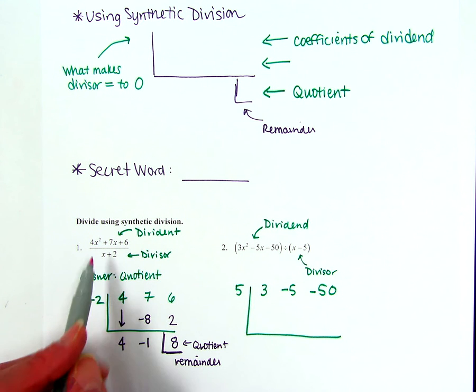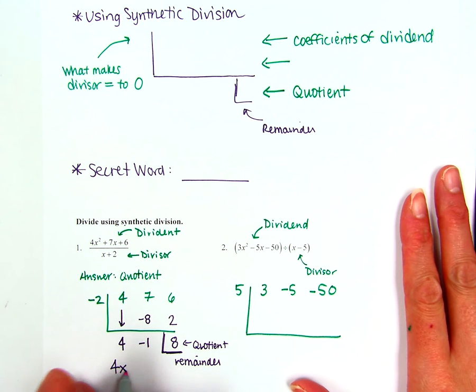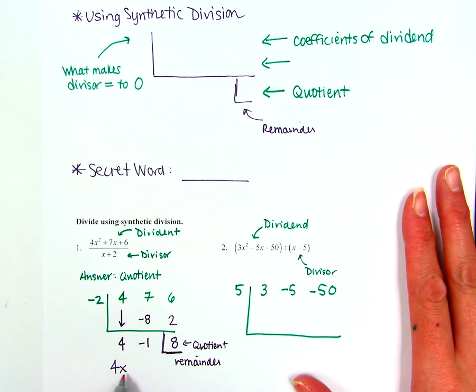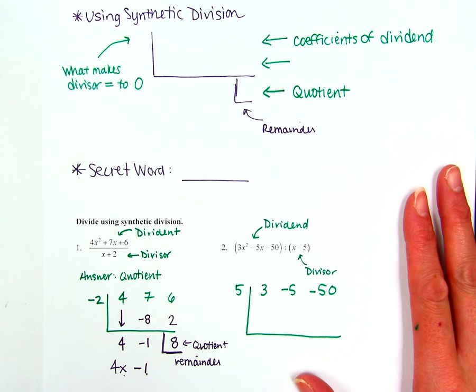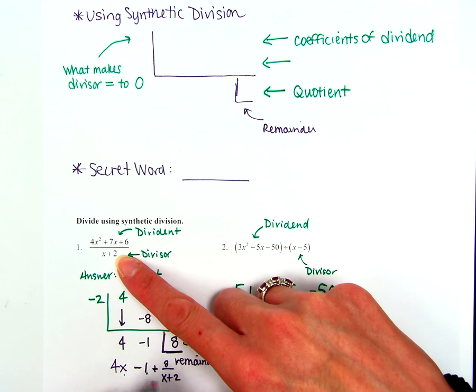So instead of having 4x squared, I'm going to take off 1 degree. This is going to be 4x. And then I'm going to go 1 degree less. So this was x to the first. This is going to be no x's. So it's 4x minus 1. And then this remainder is 8 over my original divisor, which is x plus 2.